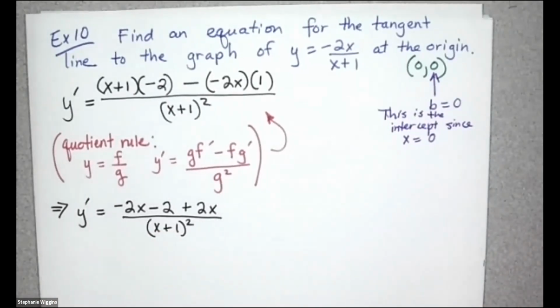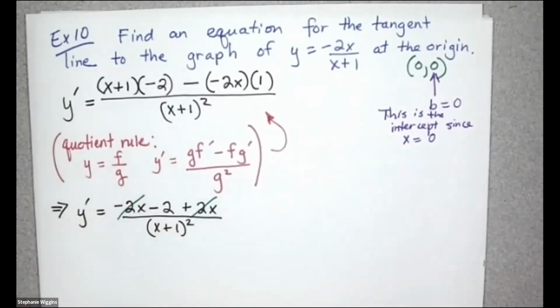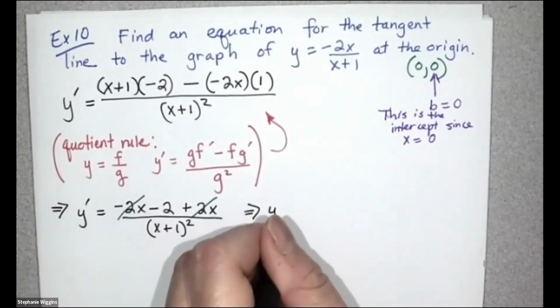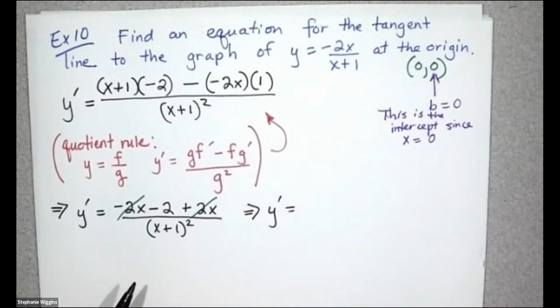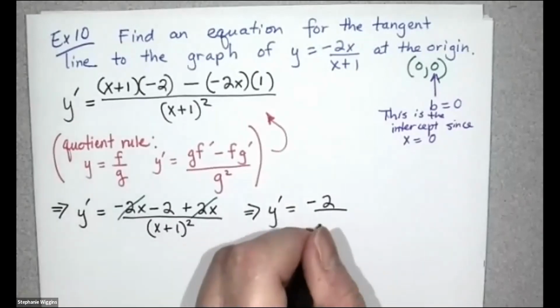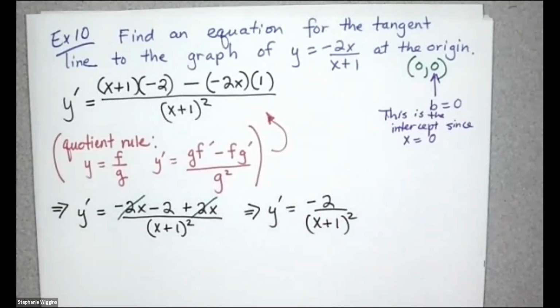And you'll notice there that my negative 2x cancels with my 2x. And this becomes negative 2 over x plus 1 squared. All right, now this is the derivative, right?